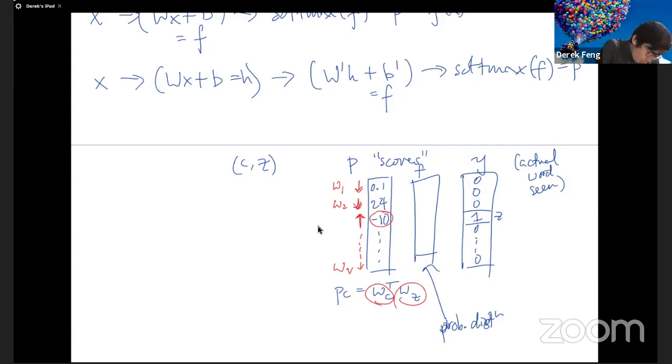What that means is, in order for me to increase this guy here, I don't need to increase WC. I need to change WZ such that it better aligns with WC, right? At the same time, I'm going to change every other W such that it aligns a little worse than WC, right?